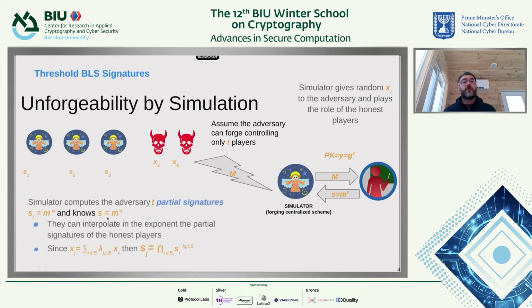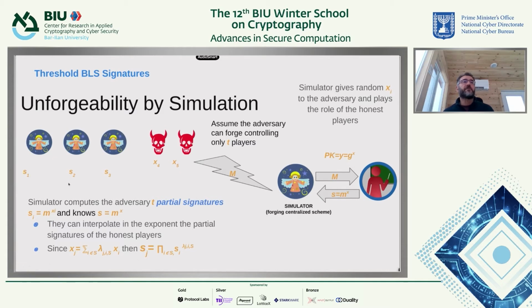Now the simulator does what I just described in the previous slides. Given the signature S = M to the x, and given the partial signatures of the adversary that the simulator knows because he gave x4 and x5 to the adversary, the simulator can interpolate in the exponent the partial signatures of the honest players, like I told you before.